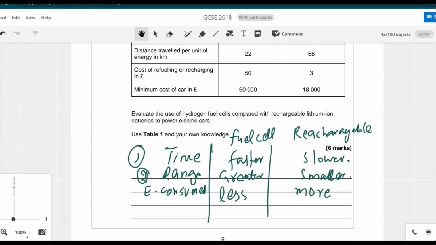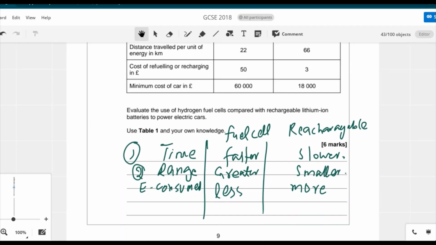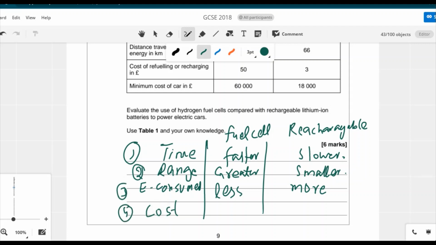Okay, the next one is the cost of refueling or recharging. When we compare the cost, the cost of recharging is much less than refueling, while for the fuel cell it is more.